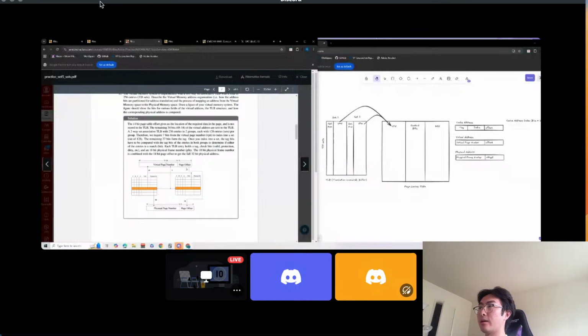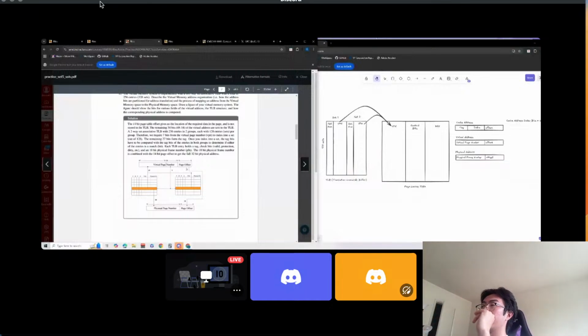And then we have our tag and physical PFN number. So PFN, physical frame number. Yep. Okay. All right, let's take this. Just bring this over to the side.